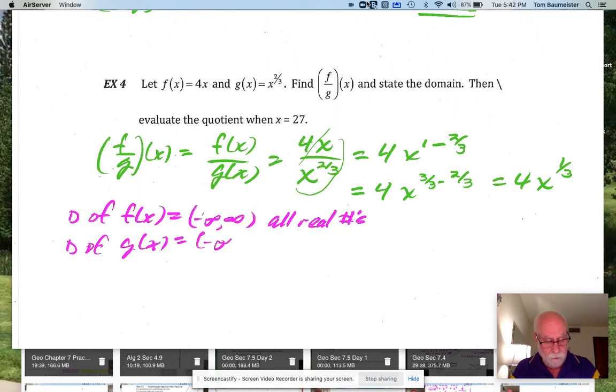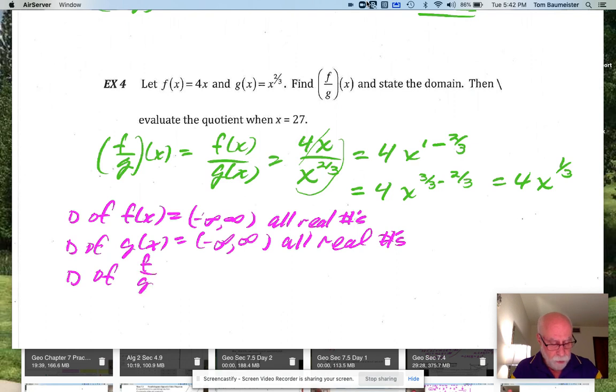It's going to be negative infinity to positive infinity, or again, all real numbers. And then the domain of f divided by g of x, I'm sorry. As again, it's going to take the same one, so it's going to go negative infinity to positive infinity. And again, all real numbers.